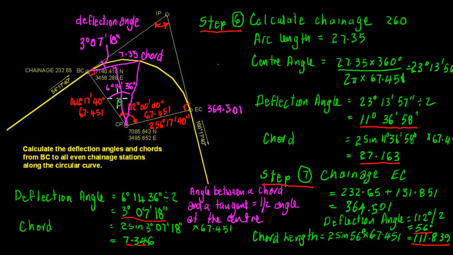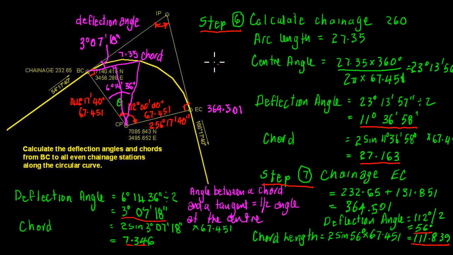So if we take the sine of 3 degrees 07 minutes 18 seconds and multiply that by the hypotenuse, because sine equals opposite over the hypotenuse, being the radius in this case, we get 2 times sine 3 degrees 07 minutes 18 seconds times 67.451, the radius, which gives us 7.346. So there's the deflection angle, there's the chord.